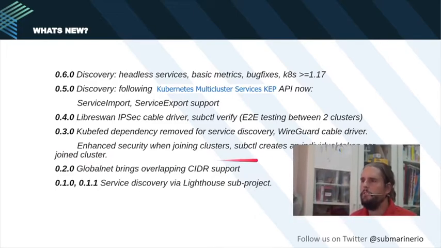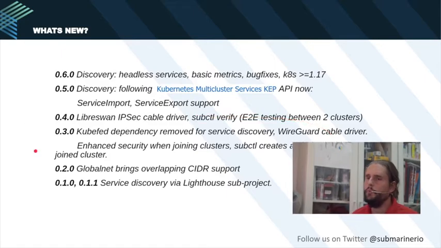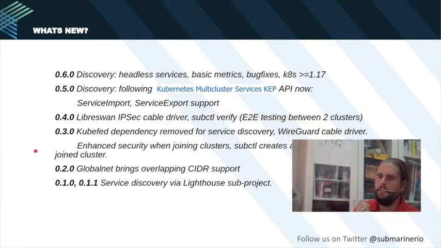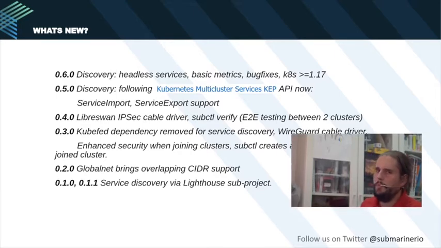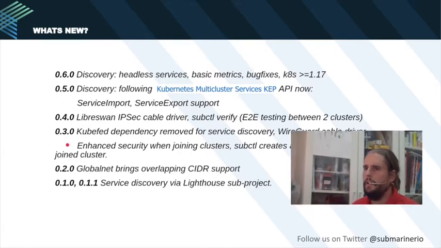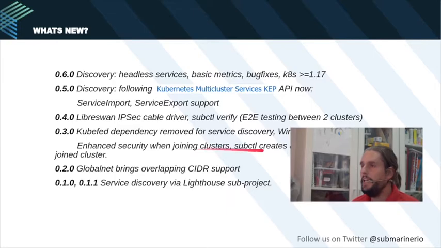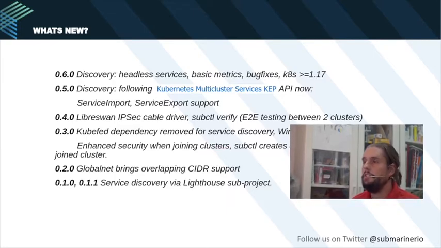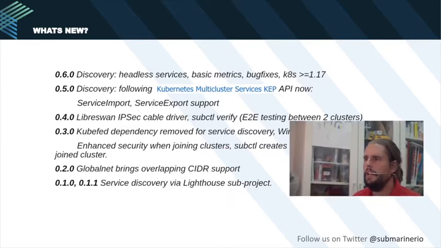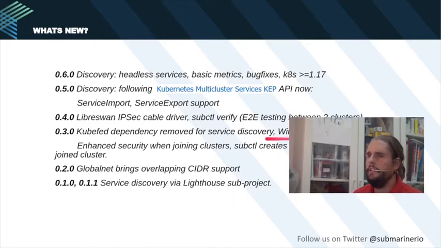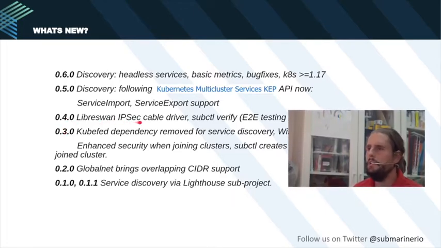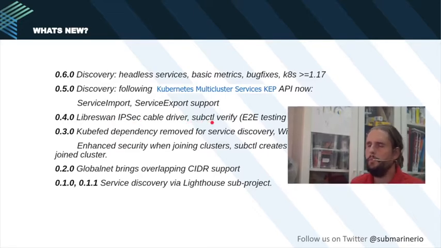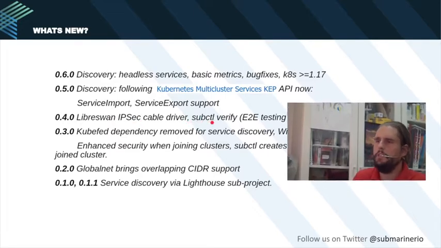Then at some point we removed the dependency that we had on the KubeFed project, so deployment is a little bit simpler. And we added support for additional cable drivers like WireGuard. Then we added a new IPsec cable driver with Libreswan and some verification commands in subctl.